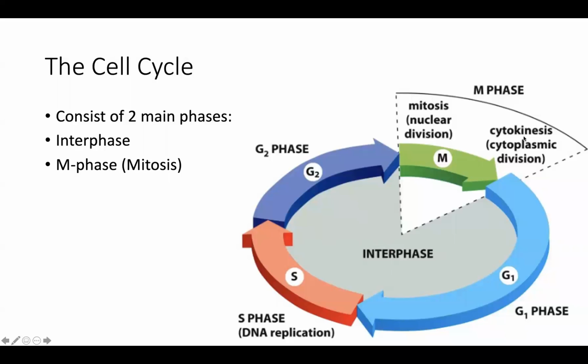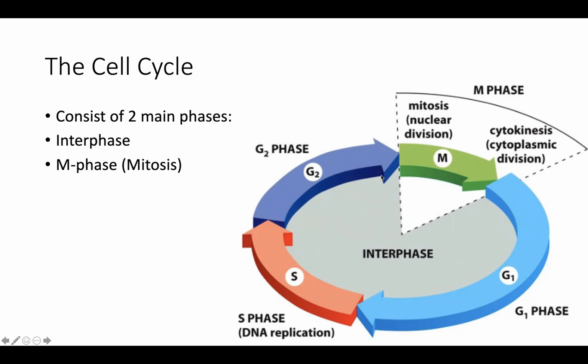Cytokinesis is when the cytoplasm of that parent cell actually splits off and becomes two new cells. So we're looking at the eukaryotic cell cycle as a process of preparation for cellular division.